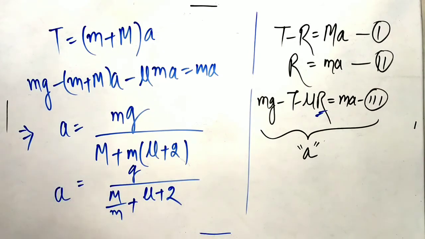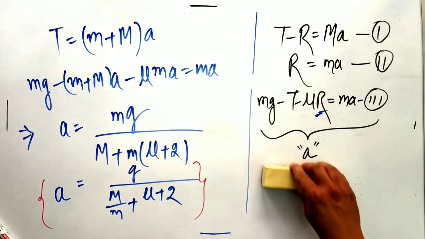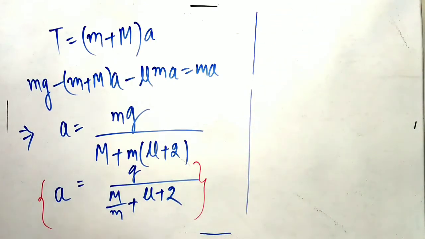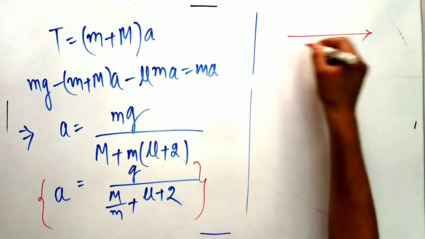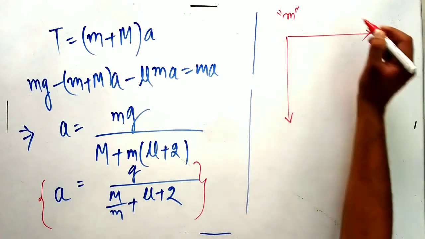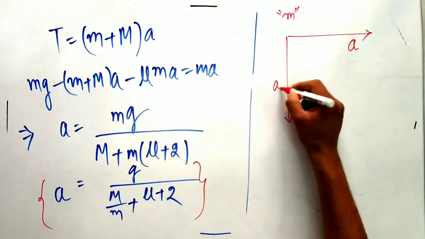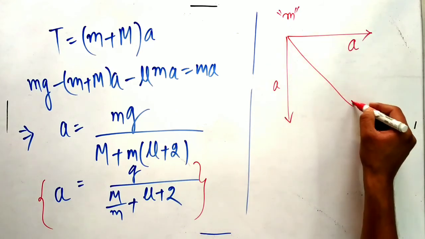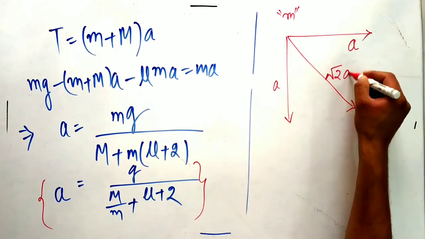Now we have come to the last part of our problem. Talking about the small mass m, there were two accelerations, the value of which we have already got. I told you the resultant of these two is going to be root 2a.